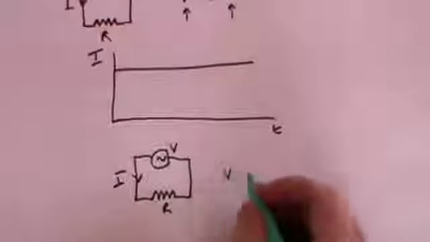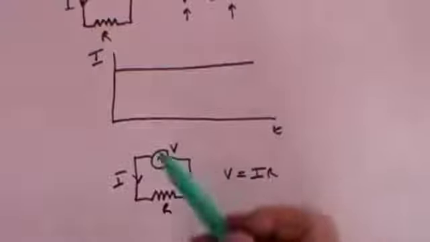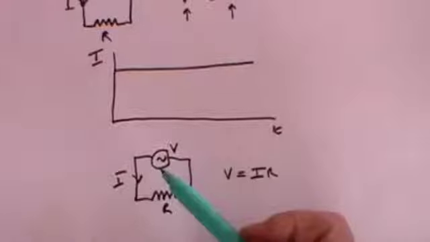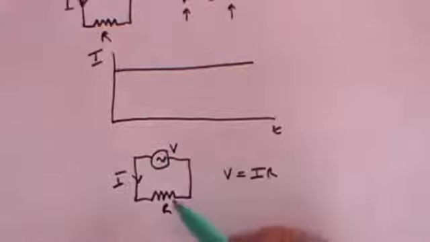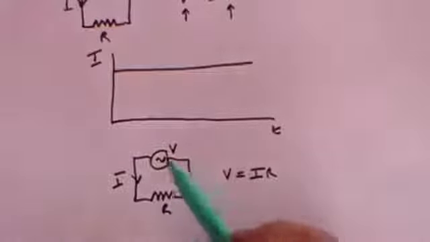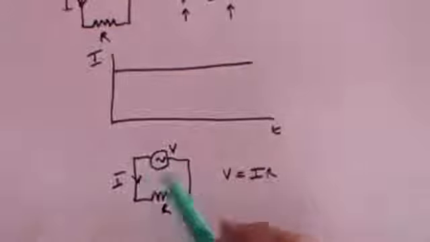And Ohm's law will still apply, V equals IR. But what you have to remember is that when you've got an alternating current, as we saw in the video that I've made on alternating current, the voltage is constantly changing. The resistance, of course, remains the same. So if the voltage is constantly changing, the current is constantly changing.